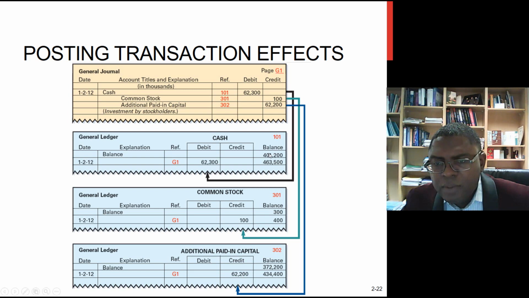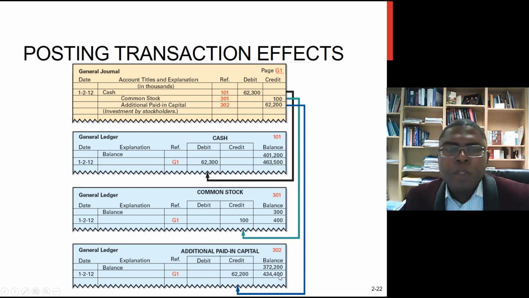This is the cash that was there before plus the additional cash, which brings the amount to this. The common stock amount that was there before plus the additional common stock brings common stock to this amount. In like manner, 372,200 was there before as additional paid in capital plus the 62,200 that came in, now increasing additional paid in capital to 434,400.